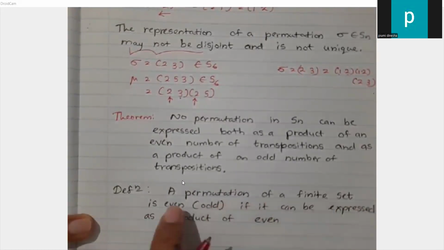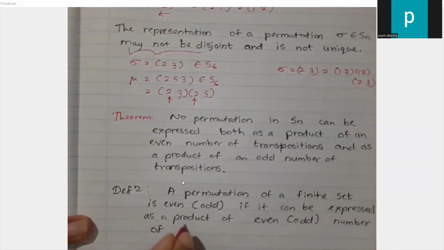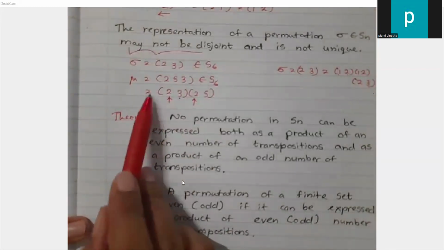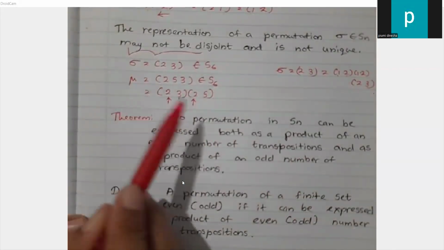We say that it's odd if it can be expressed as a product of an odd number of transpositions.